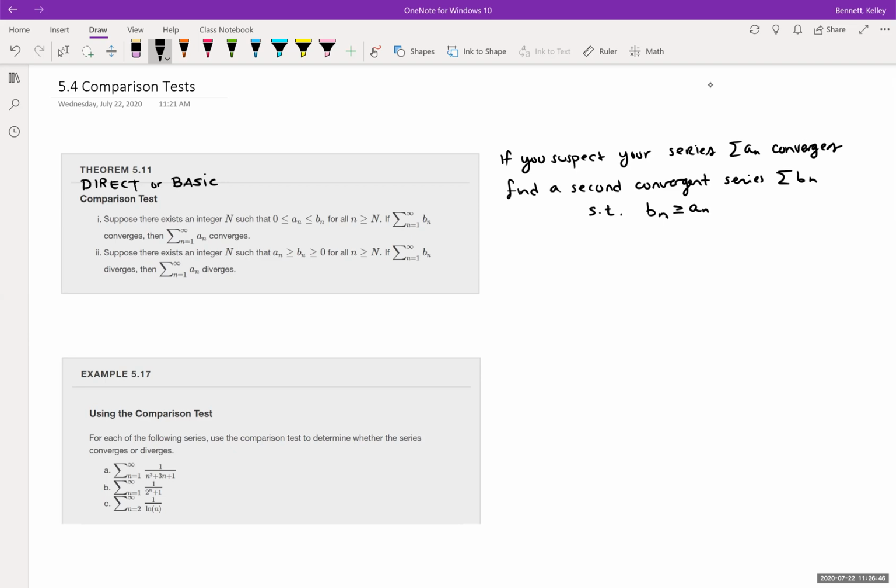Right, so the idea is you want to say, hey, look, this thing that's bigger, it converges. So my guy that's smaller, it must also converge, right? Like, how could I be smaller than it and this thing's finite?